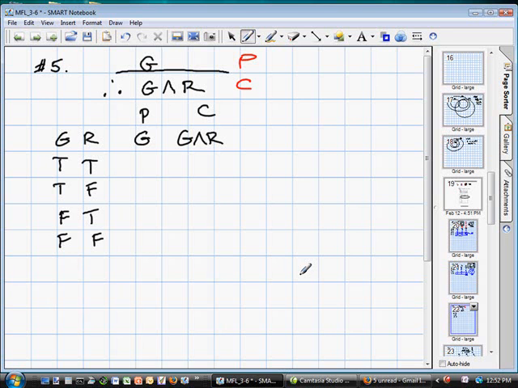Let's do number 5. Now, this one may seem strange because it's only got one premise. Sometimes that'll happen. The Good Taste restaurant has good food.